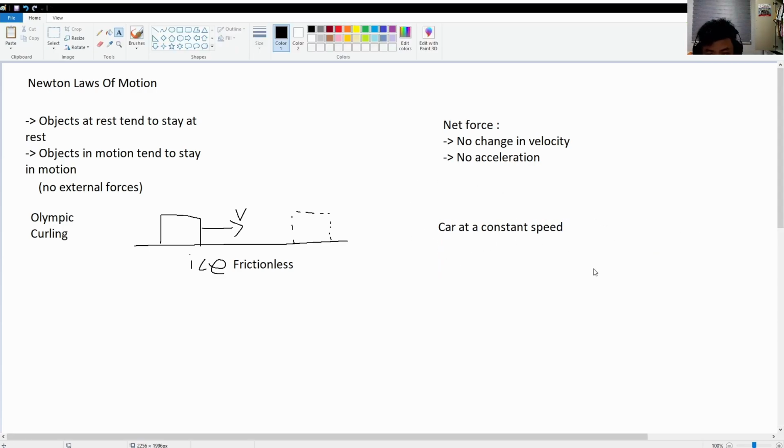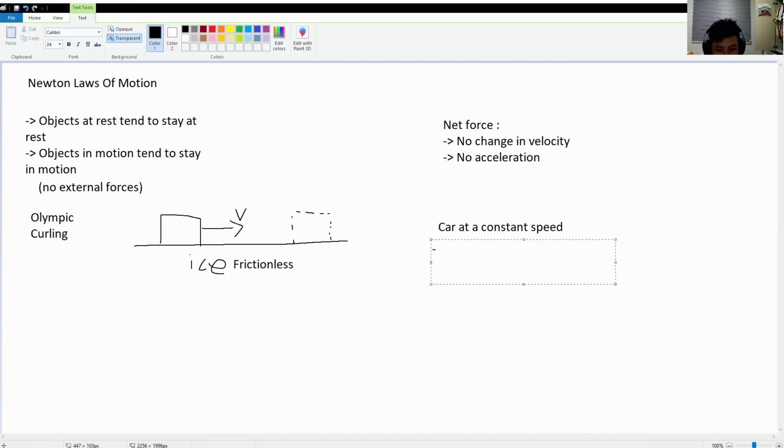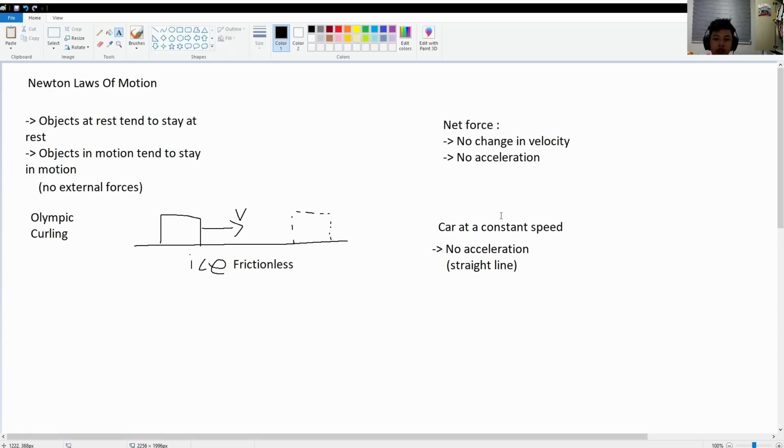Is there any acceleration for that vehicle? The answer is no, because the speed is constant and it's driving in a straight line, so there's no net force. No acceleration, because it's driving in a straight line.